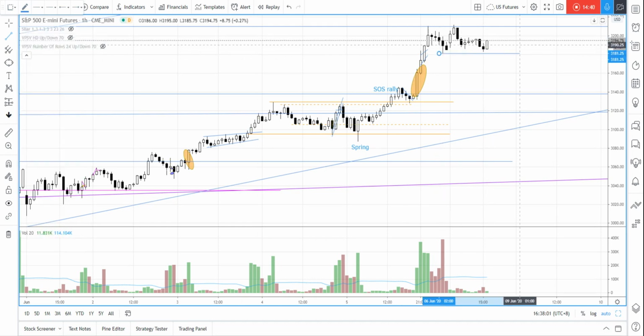So we have a small trading range here from 3180 to 3210. But if this level cannot hold 3180, I think the next level that we can anticipate is somewhere around 3130. I think this is the same level as I mentioned on Friday.